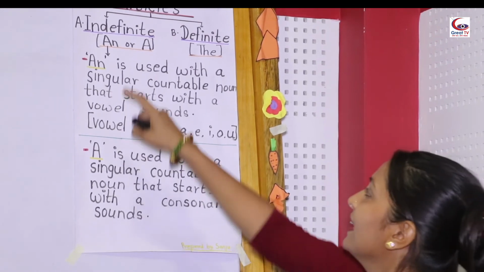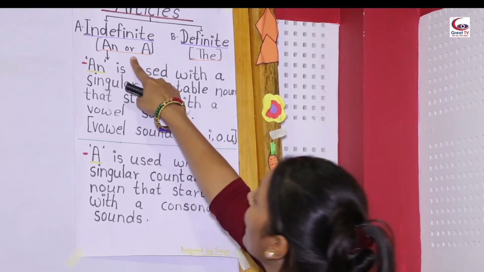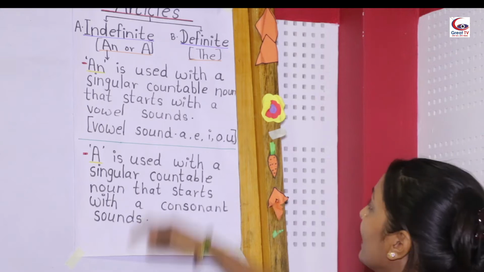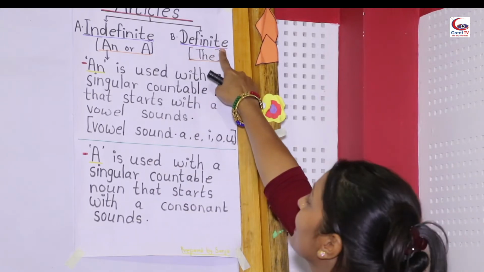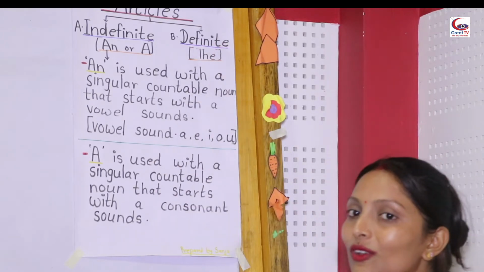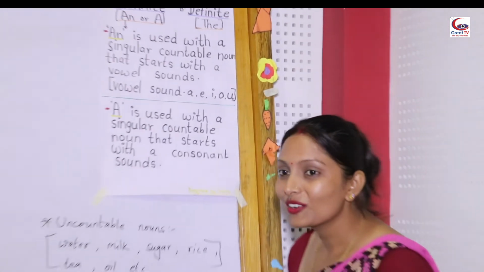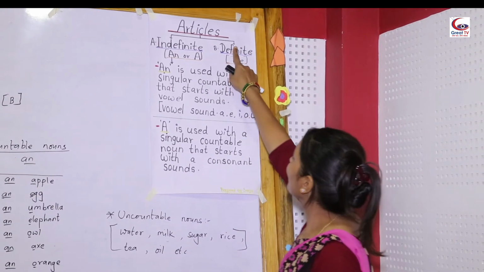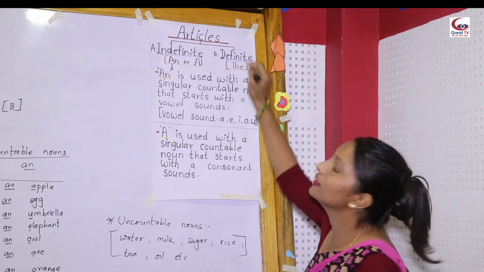Good, a or an. And in the definite article, that one is the. The definite article is the.